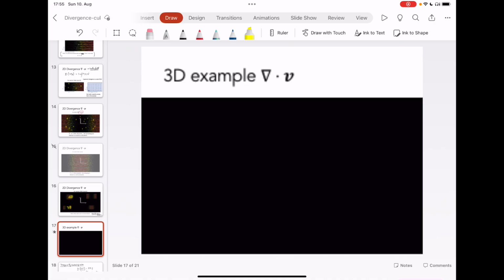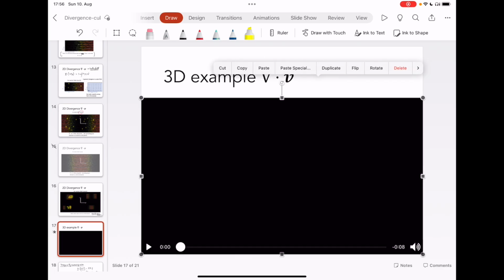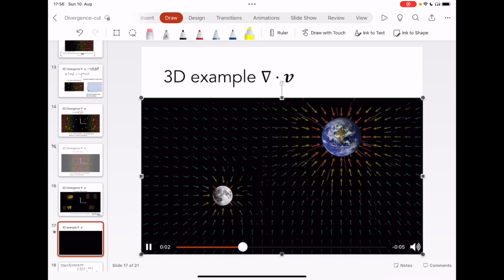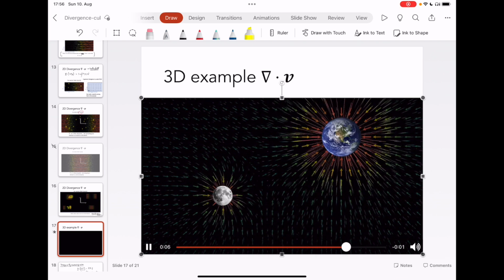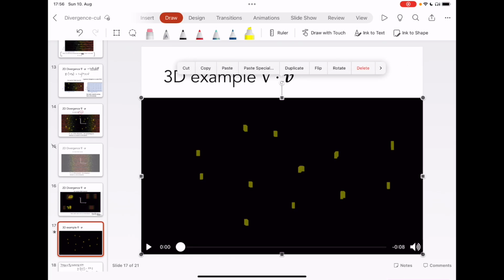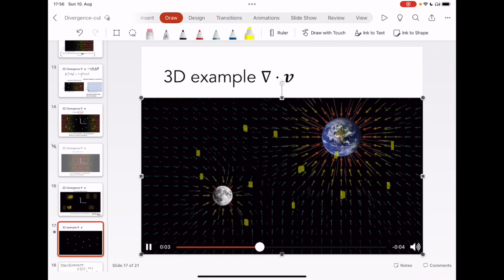Another very good example is a 3D case. Until now we talked about this. This was the 2D case. In 3D, if you want to imagine, you can imagine gravitational fields around Earth and Moon and how they sort of act towards each other. And if you were to point out anywhere in the field, you would find the divergence, how much of the gravitational field is sucking in versus letting out.